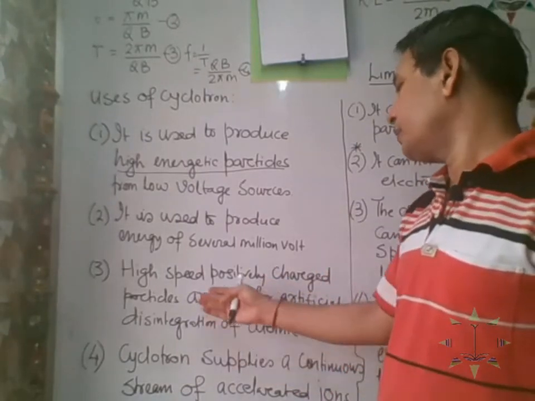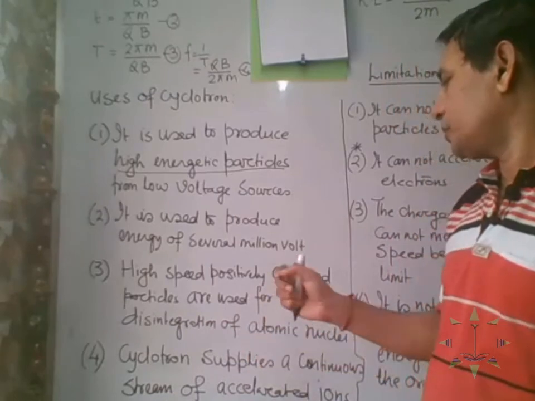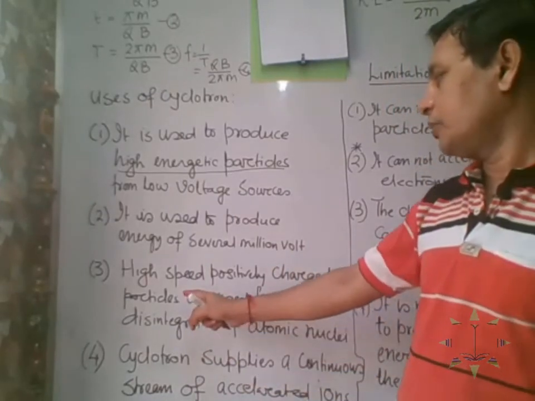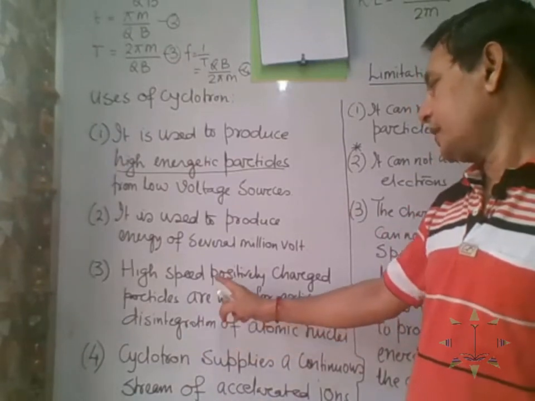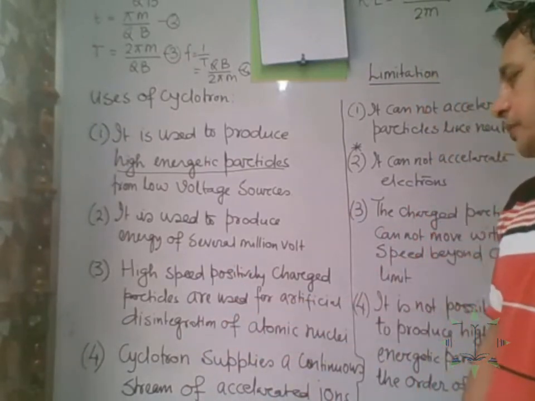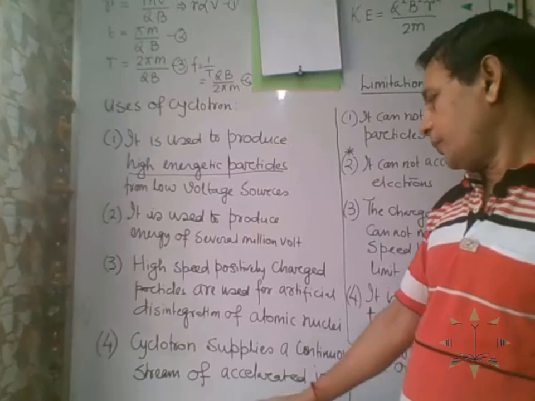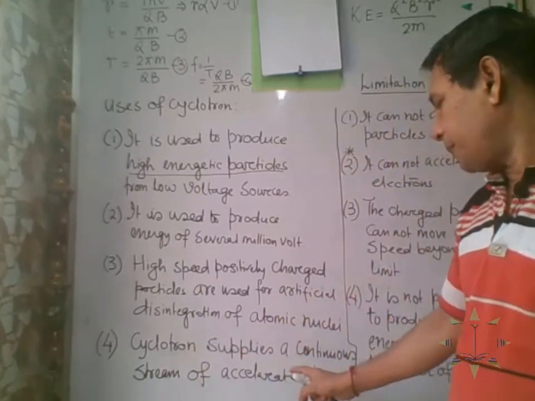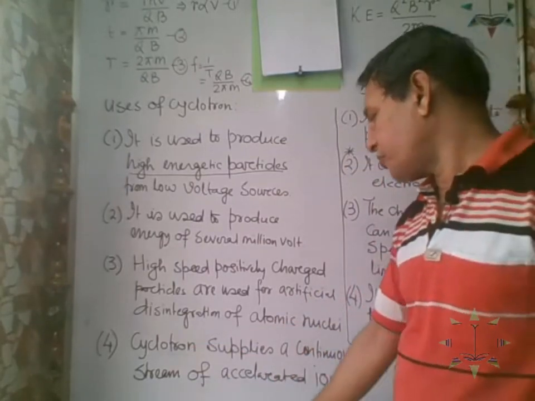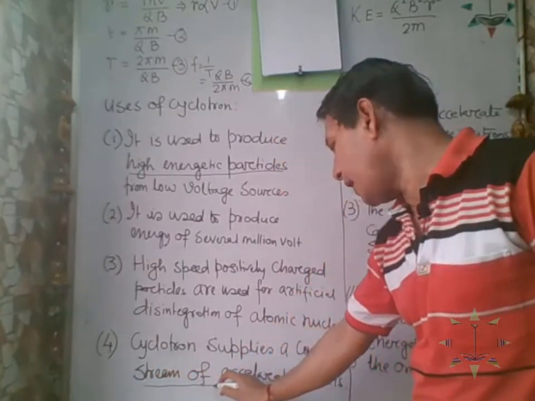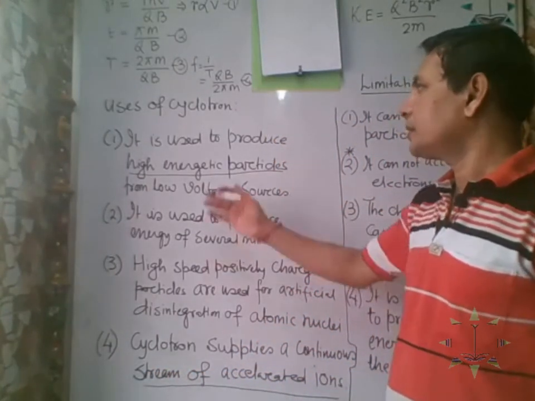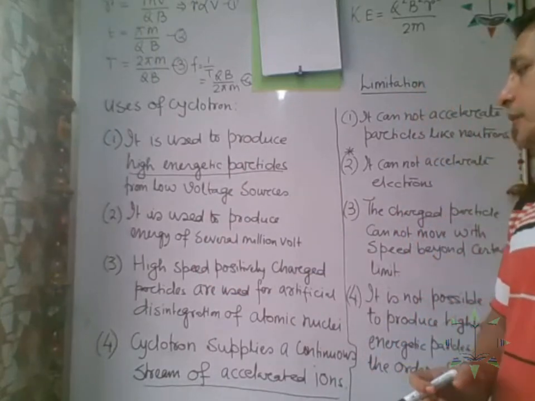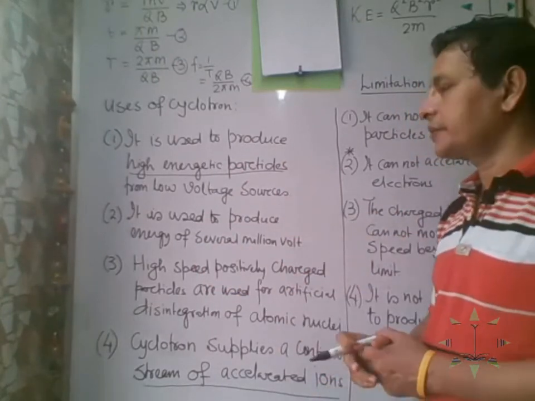So for that we require high speed positively charged particles, and we use the cyclotron to generate such high speed positively charged particles. The cyclotron supplies a continuous stream of accelerated ions. Ions are the charged particles. These are the uses of the cyclotron.